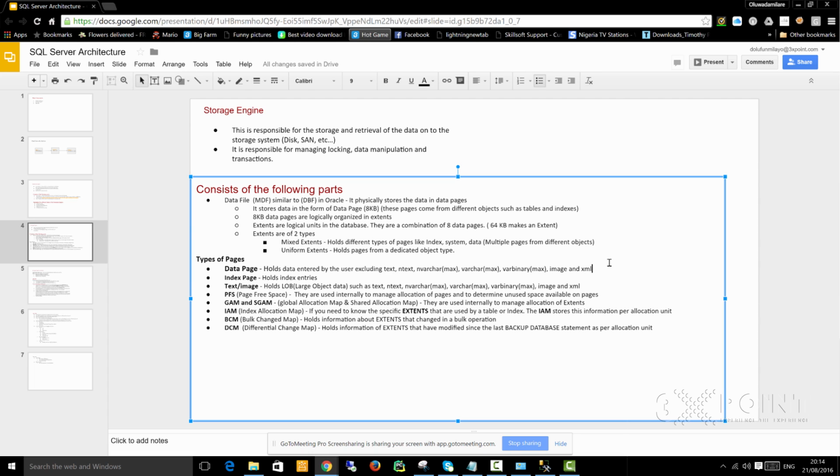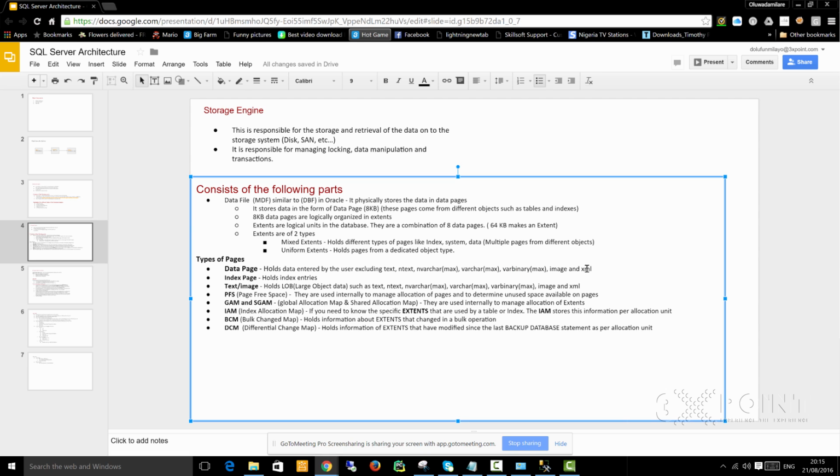So the data page is not created to hold that kind of data. Similarly, varbinary(max), binary is used to store binary data like images, pictures, files and all of that, but it's variable binary.